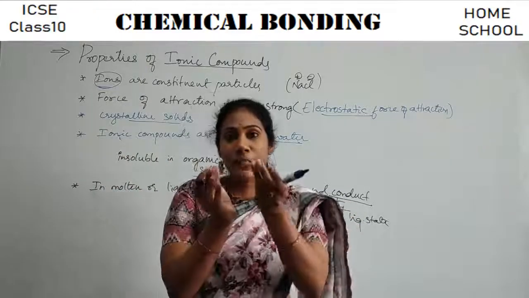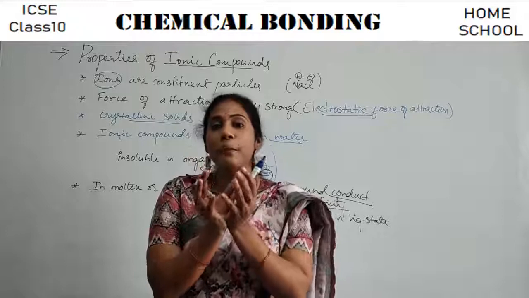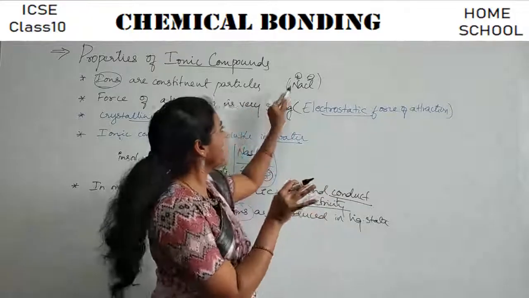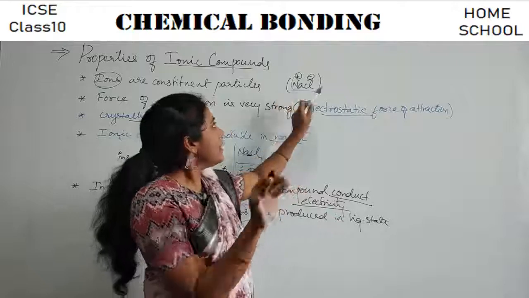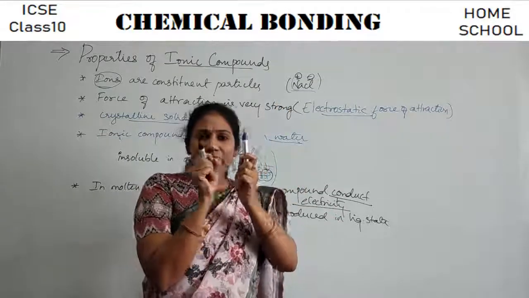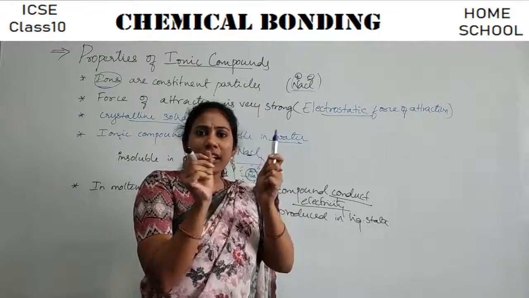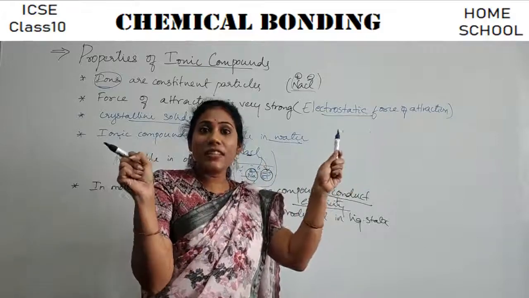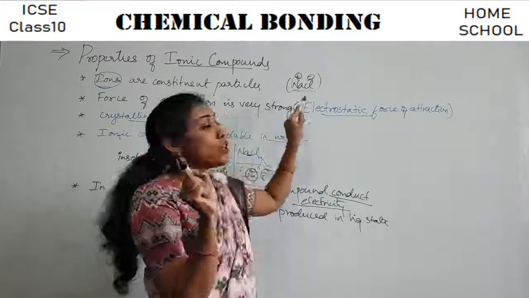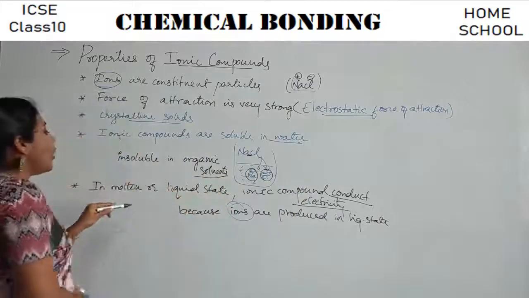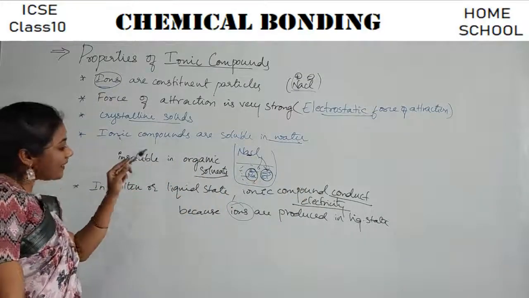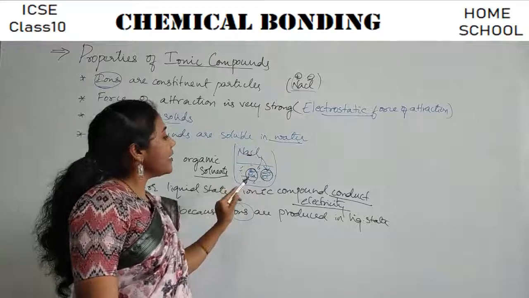When it is present in solid form, ions are not free. You take a solid NaCl, ions are not free. They are so tightly held with each other. You cannot separate these ions as long as the compound is in solid form. But once you dissolve it, or once you make it a liquid, then ions can be separated.